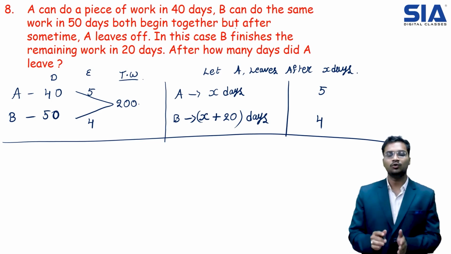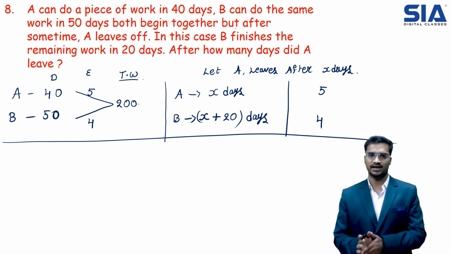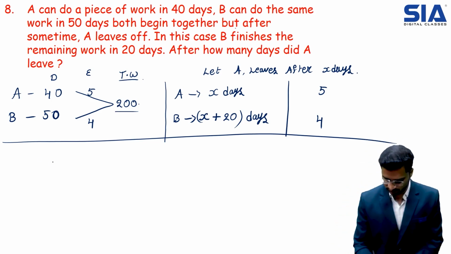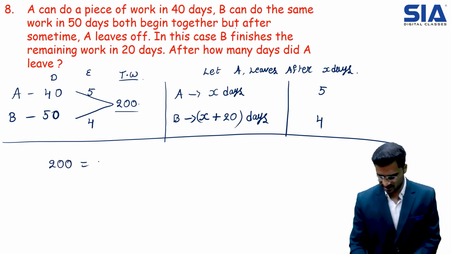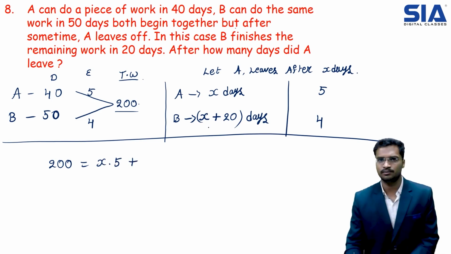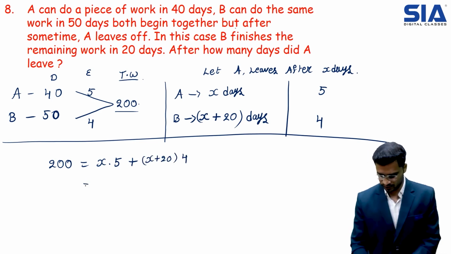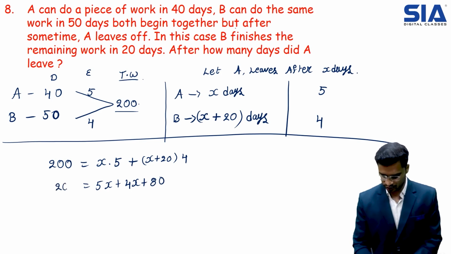We know that total work is equal to days multiplied by efficiency. So here the total work is 200. The days worked by A is X, efficiency of A is 5, plus days worked by B is X plus 20, and the efficiency of B is 4. So which is 5x plus 4x plus 80 equals 200.